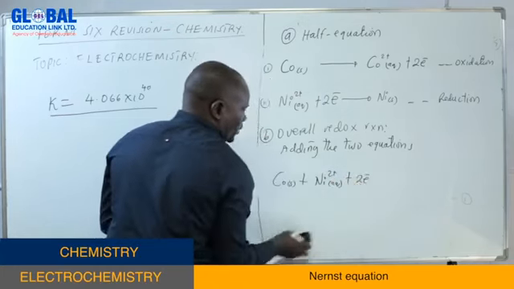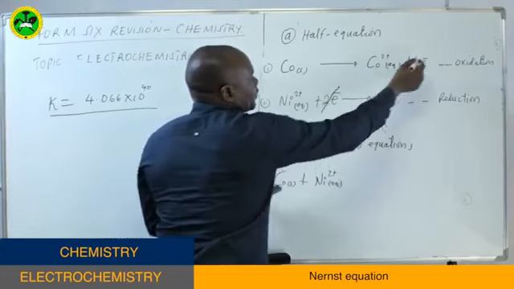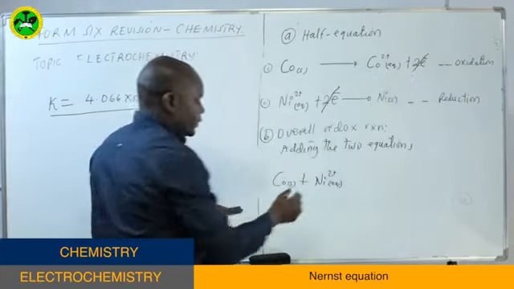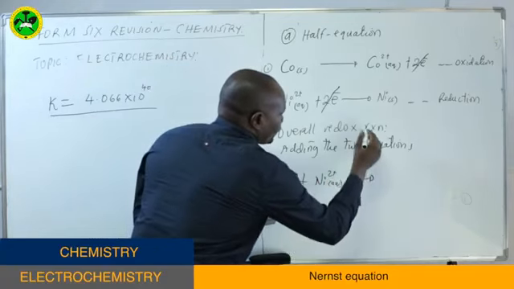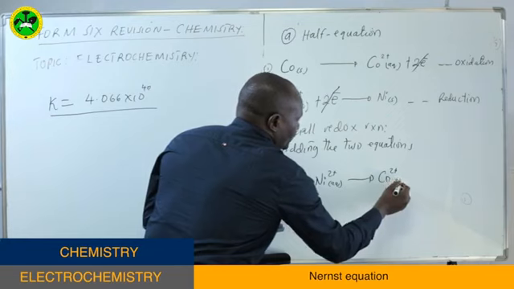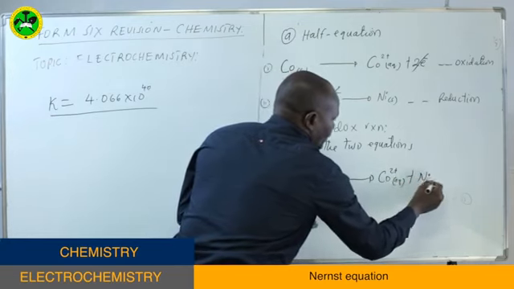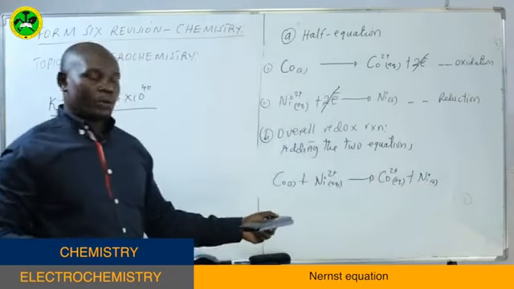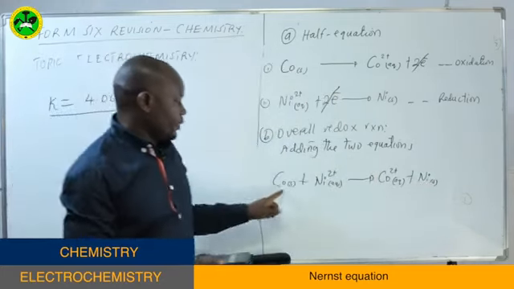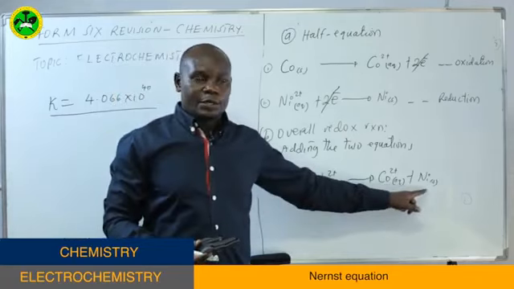The electrons will cancel each other because here we have 2 electrons and there we also have 2 electrons. So the product will be cobalt 2 positive aqueous, plus nickel solid. So this is our overall redox reaction, showing the species that have been oxidized and the species that have been reduced.